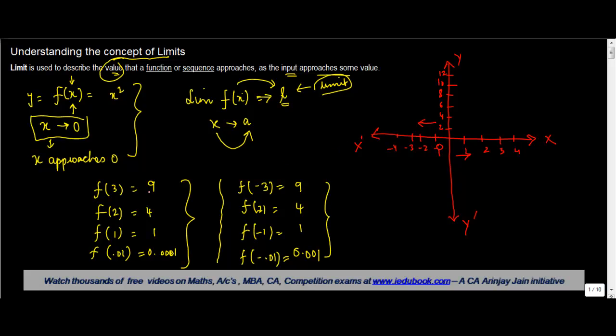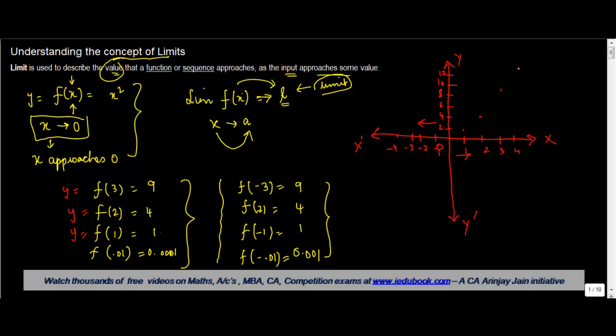So what's the value of y? This function is referred to as the y, right? So when x is equal to 1, y is equal to 1, so this will lie somewhere over here. When x is equal to 2, y is equal to 4, which is going to lie somewhere here. x is 3, y is 9.